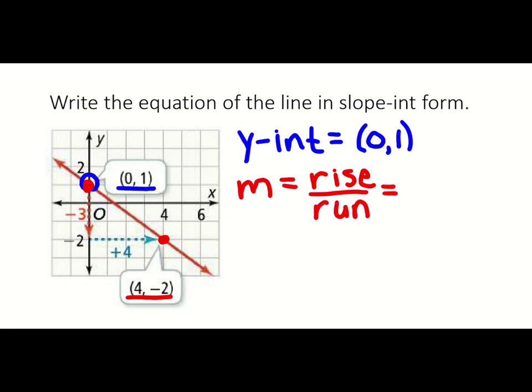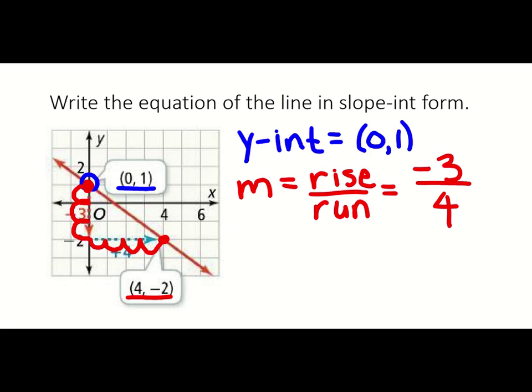To rise, I go 1, 2, 3 units down. So that would be negative 3 because I'm going down the y-axis. From the y-axis, I then go 1, 2, 3, 4 units to the right. So I'm running positive 4. This tells me that the slope of this line is -3/4.